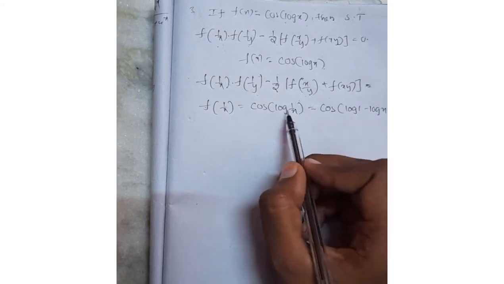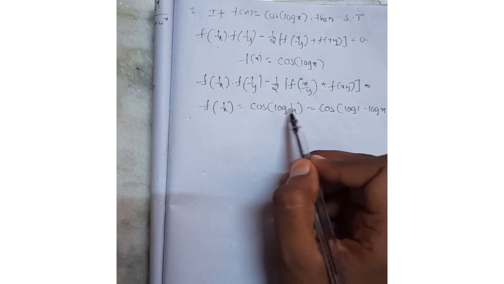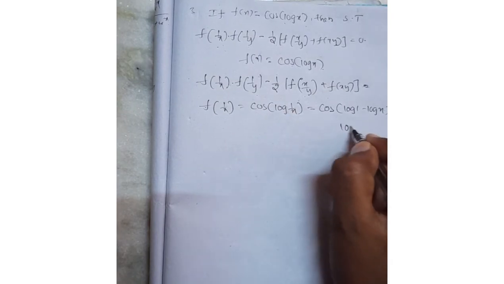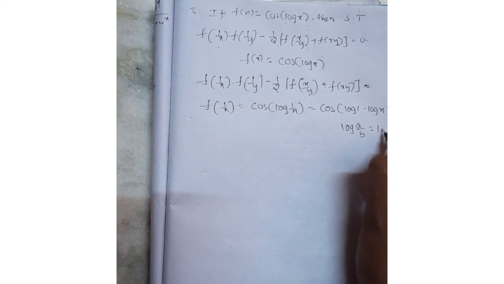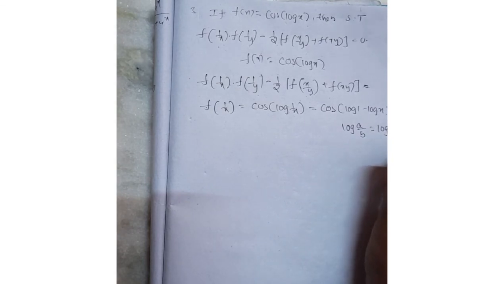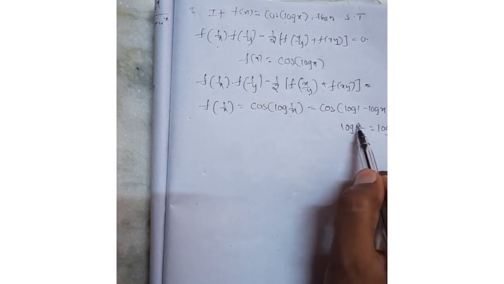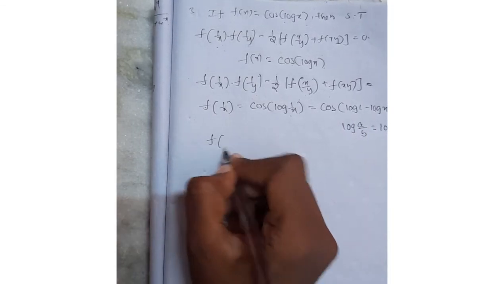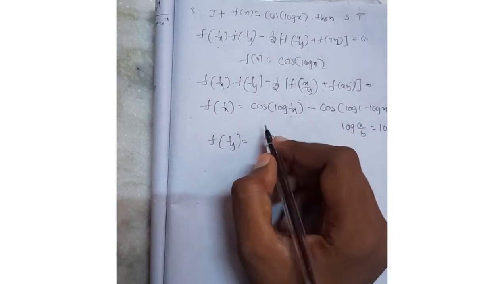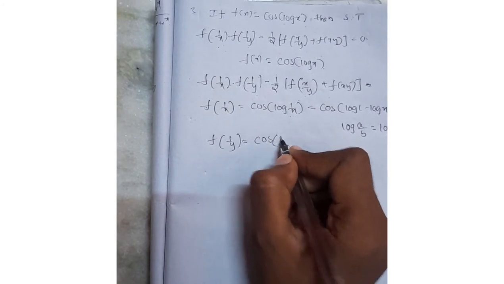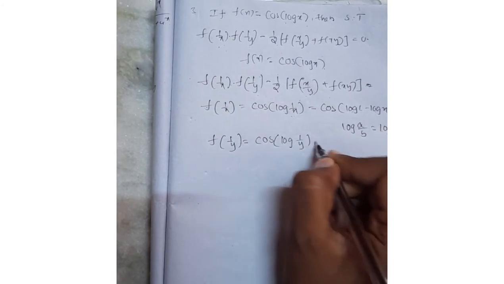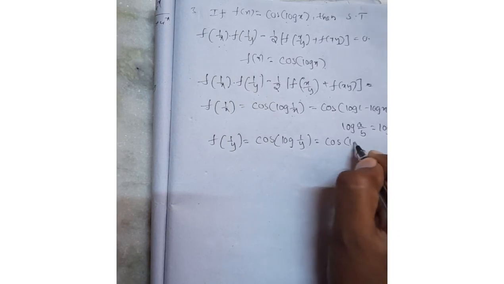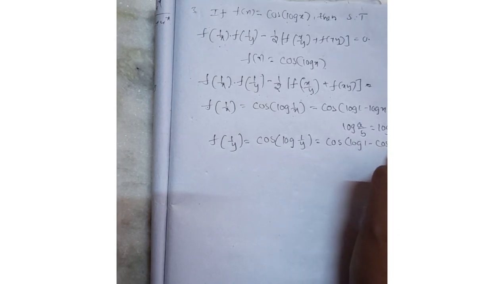I think you can understand this step, because log a by b means log a minus log b. Next, f of 1 by y equals cos of log 1 by y equals cos of log 1 minus log y.